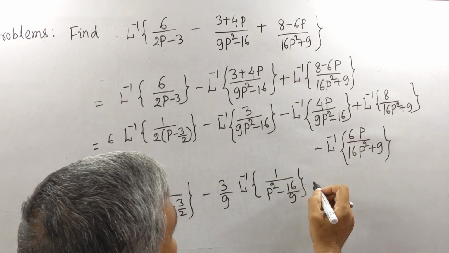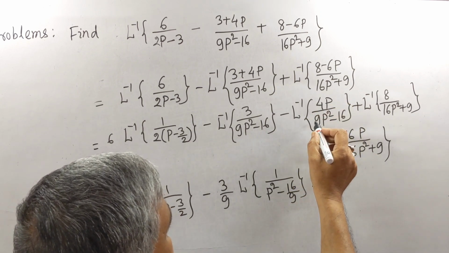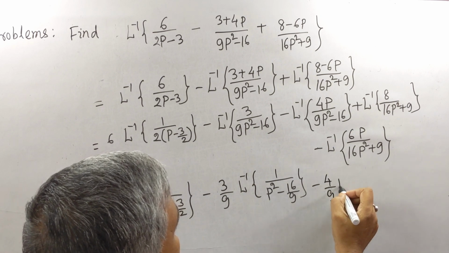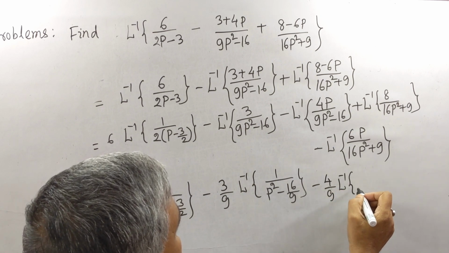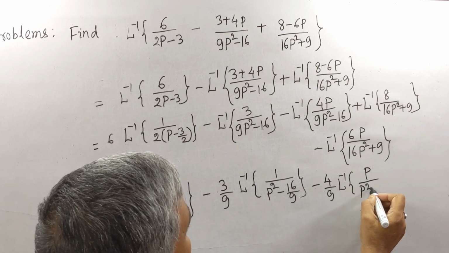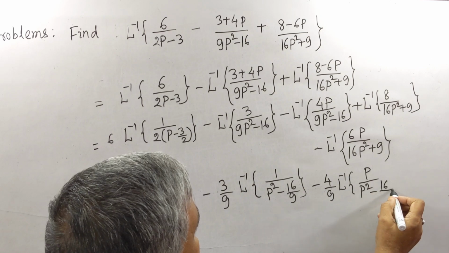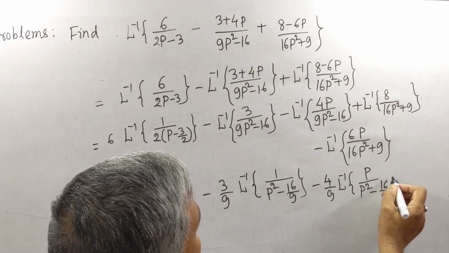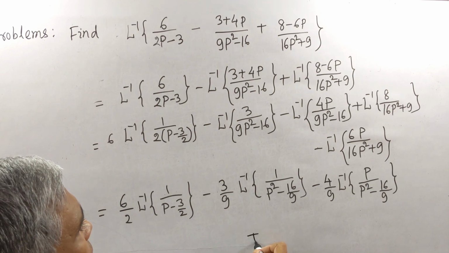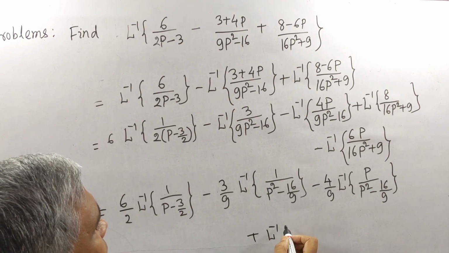Here we take 4 outside, also 9 outside, 4 by 9 L inverse p by p square minus 16 by 9, plus L inverse.